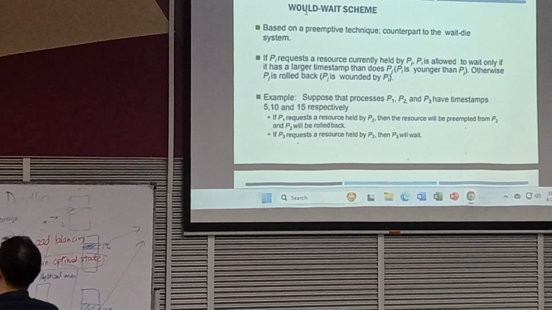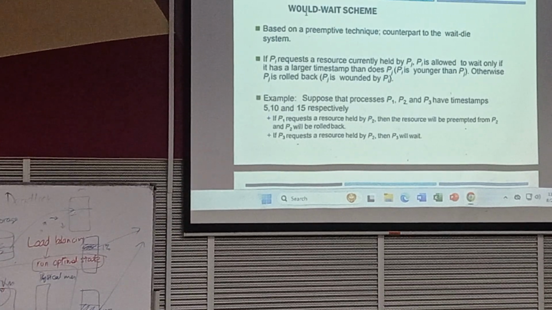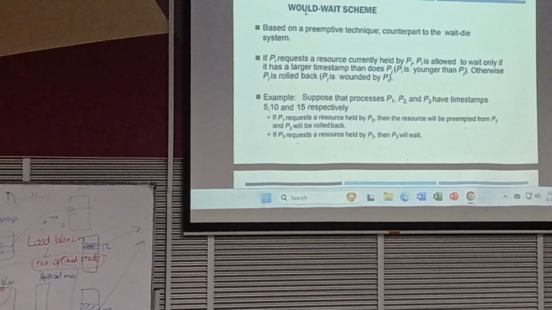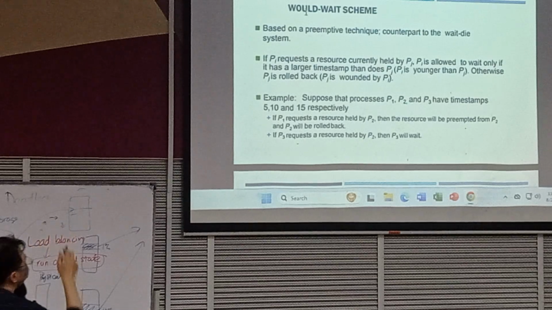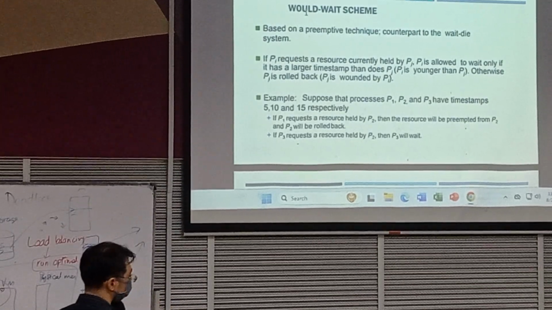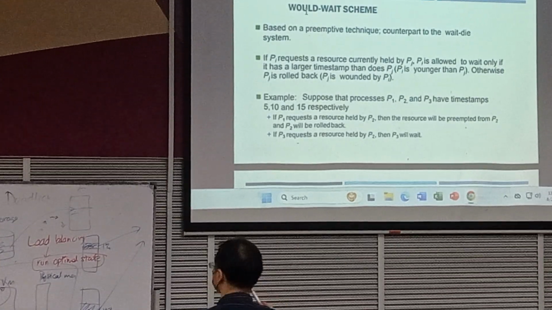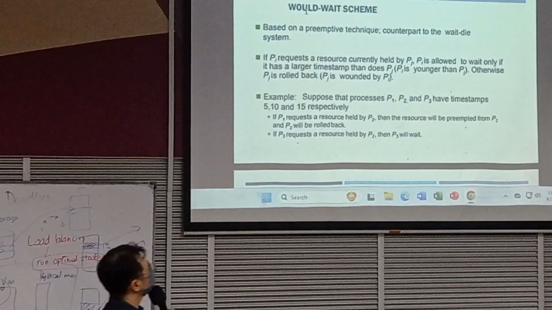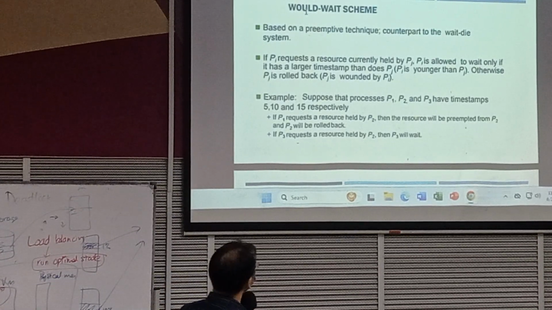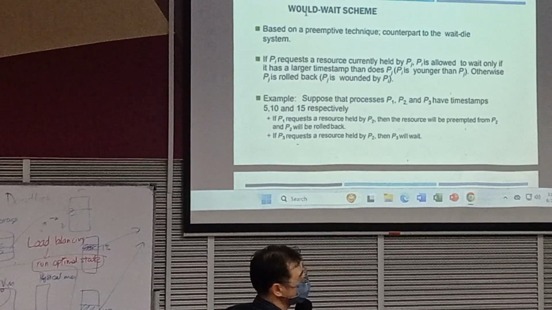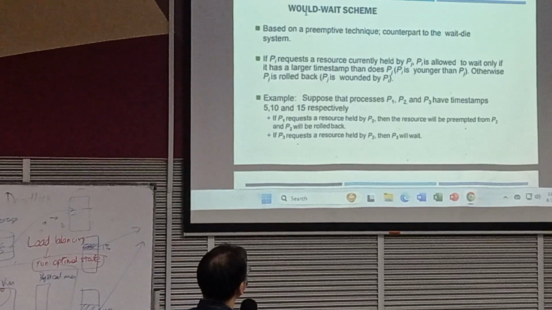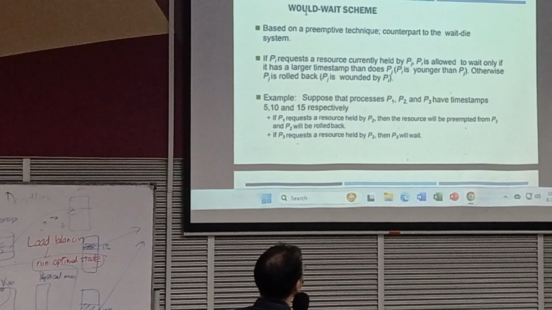It's not wood-wait, it's wound-wait. Some websites spell it wood rather than wound, but the correct term is actually wound-wait. The reason why it's called wound is because somebody will get killed. It's wounded. Okay, so that's why it's wound-wait.